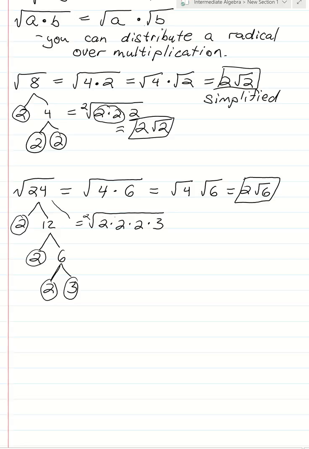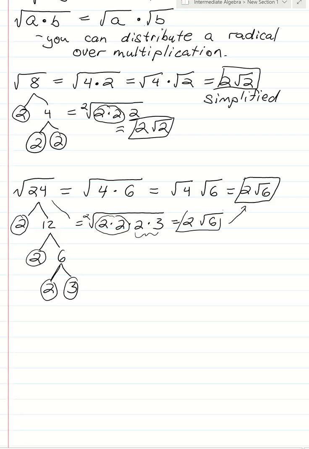And I have these two 2's that are being multiplied. So any number that happens twice, I bring it outside once. No other number is happening twice under the radical. So I'm going to have to take the 2 and multiply it with the 3, and that would leave us with a leftover square root of 6, which is the same answer that we have here.